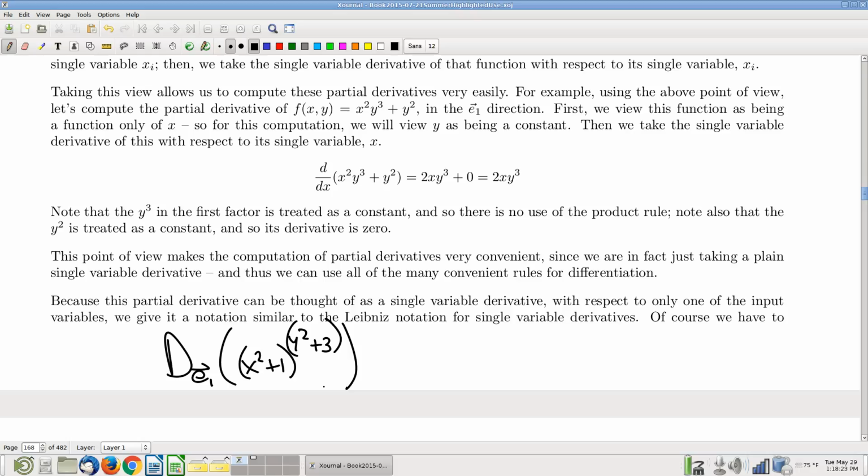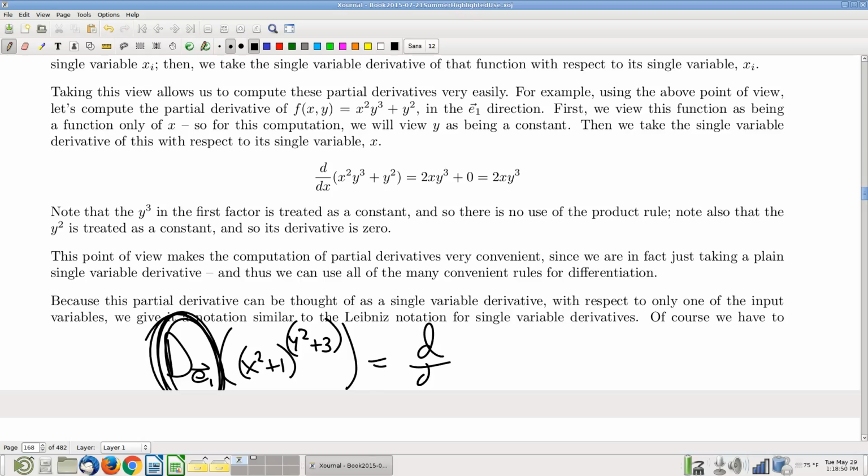But it's not. Because we're taking the derivative in the e_1 direction, that means we're taking a partial derivative with respect to x. x is the only variable that's changing. The other variable, y, is constant. So what we have here is x squared plus 1 to the power of a constant, and you take the derivative in the usual way.